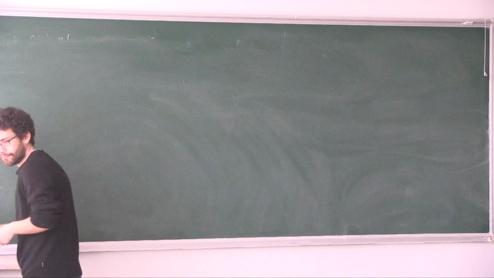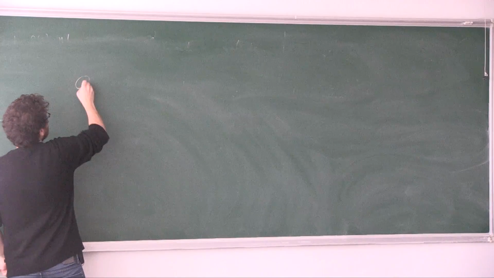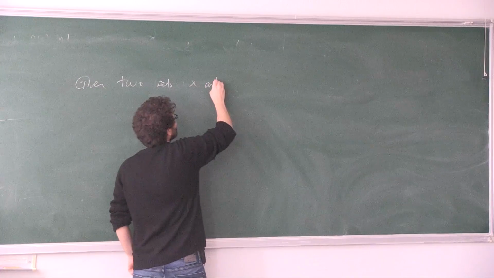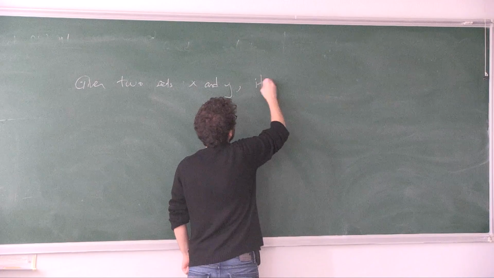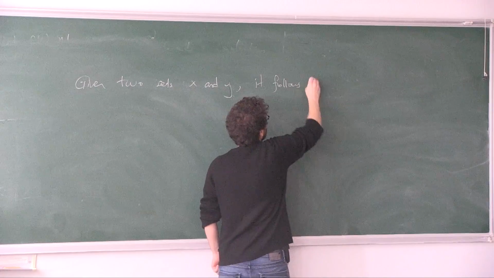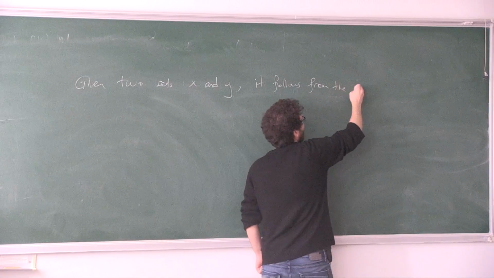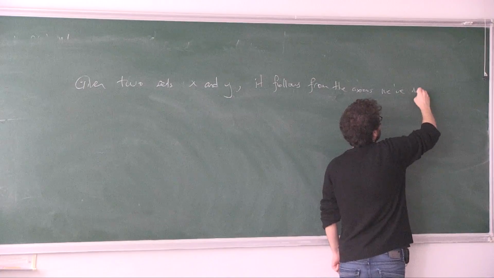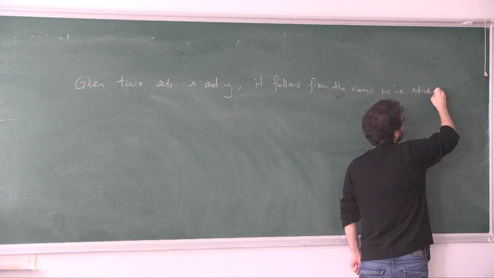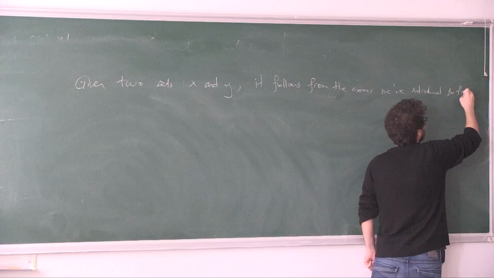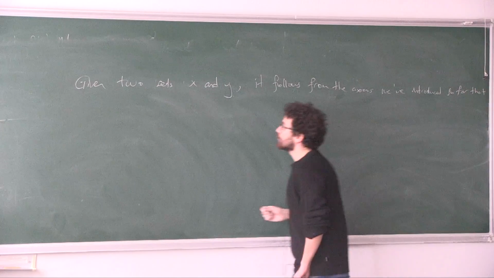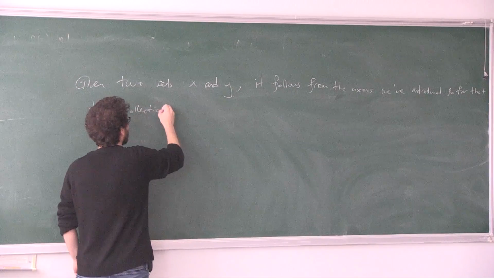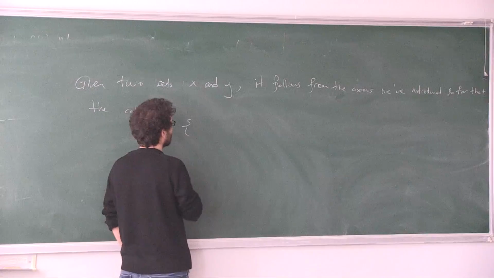Now, given two sets, X and Y, it follows from the axioms we've introduced so far that the collection, now let's stop over here.